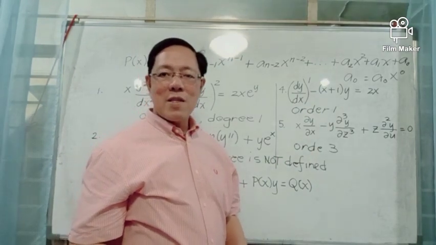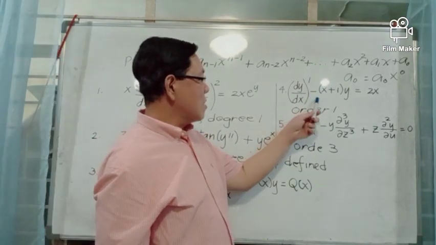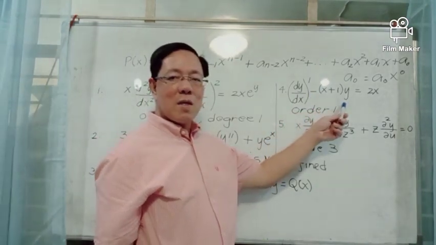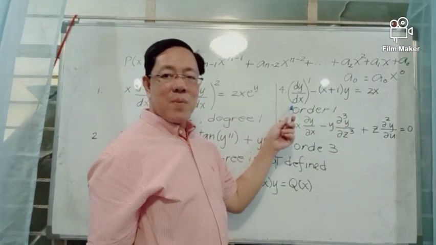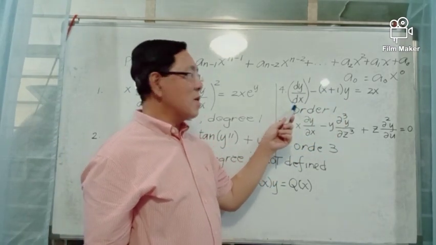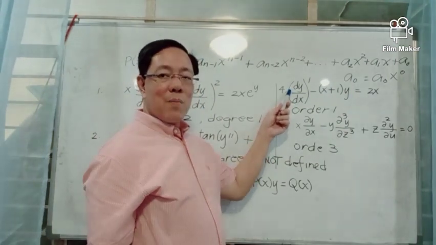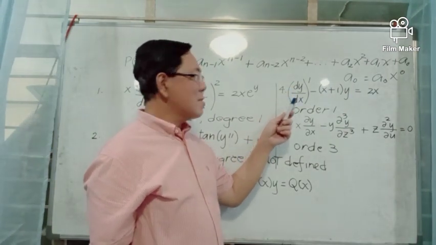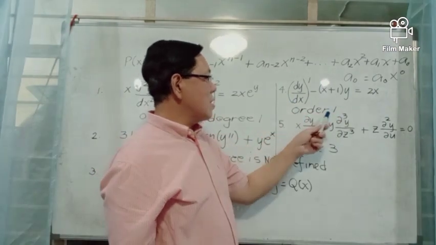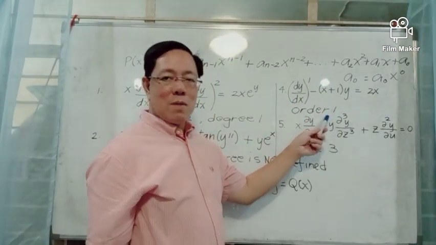In a linear differential equation such as this, the highest derivative that appears is the first derivative, and the order of the first derivative is 1, so the linear differential equation has order 1.